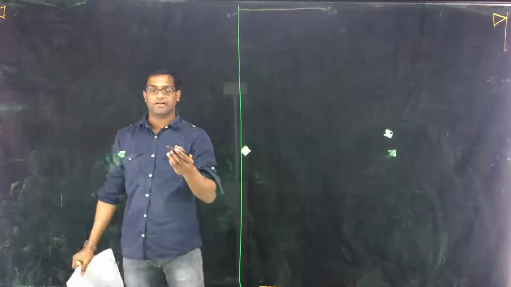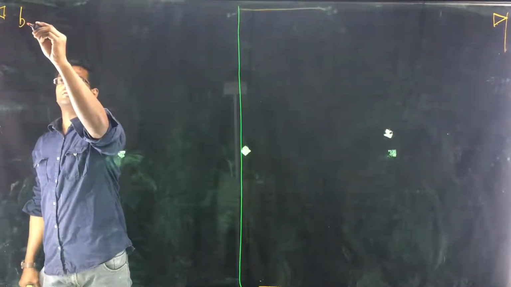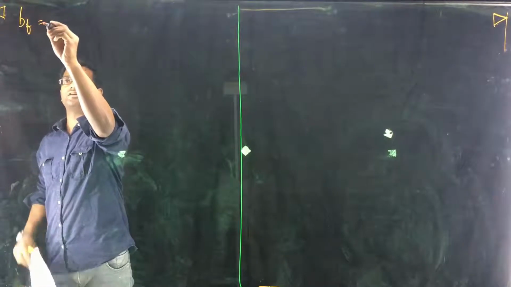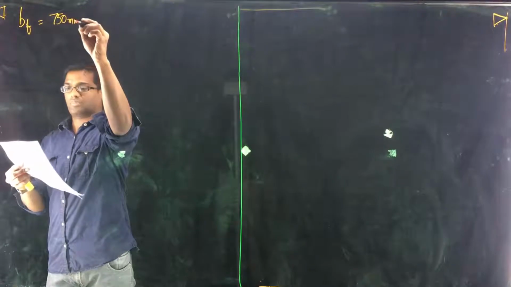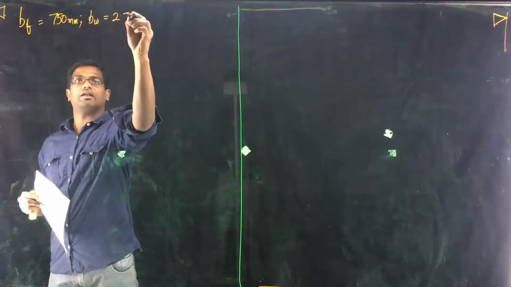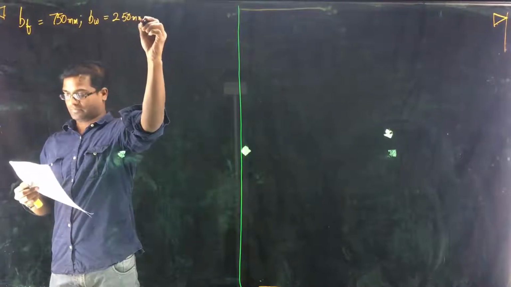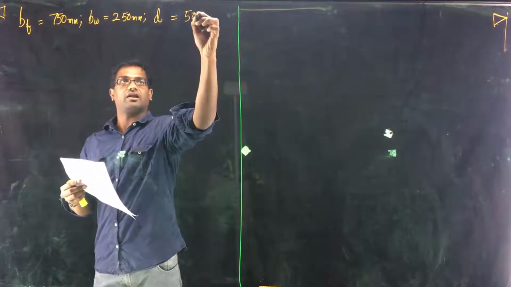So in the given data, width of flange, that is BF, is given as 750 mm. Breadth of web is given as 250 mm. Effective depth is given as 500 mm.